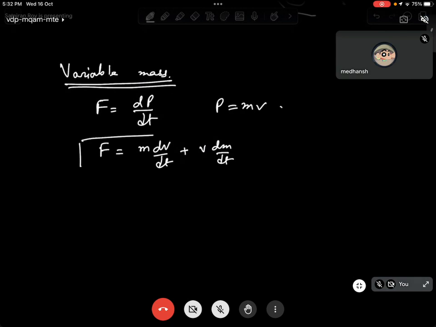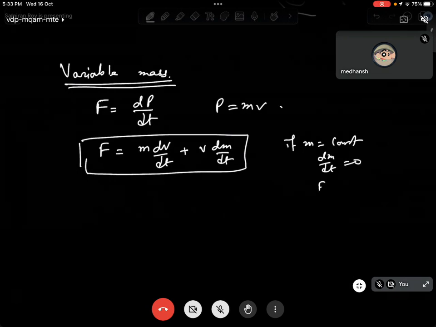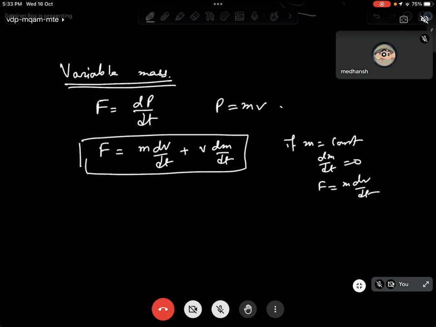This is the actual definition of force. Now if mass is constant, then you can write dm by dt as 0, and you get force equal to m into dv by dt. Simple. But here mass is not constant. Mass is also variable. So I cannot write dm by dt as 0. So my force equation will be this one only: m dv by dt plus v dm by dt. This is the force equation.